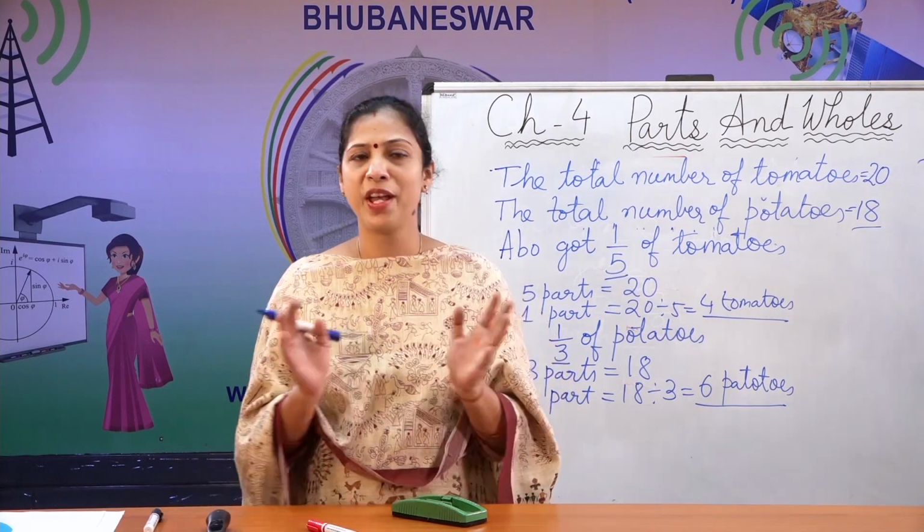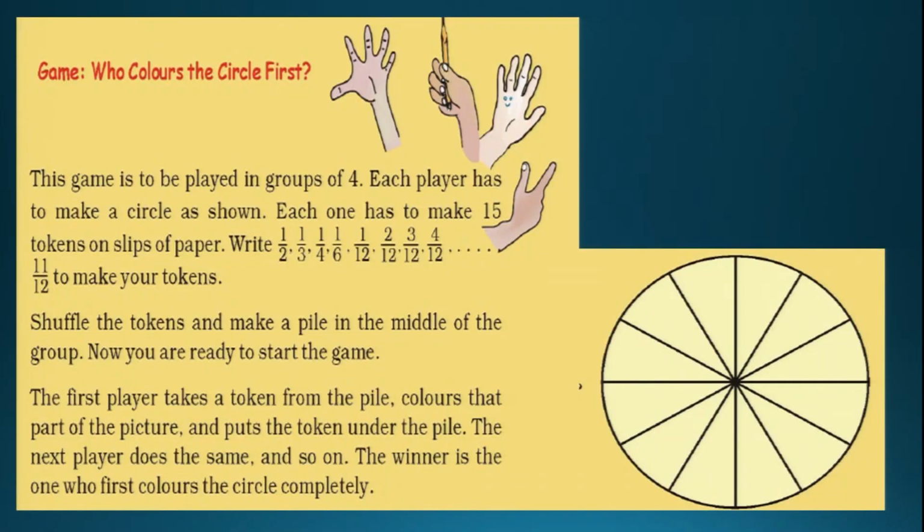Yeah, this is a very good game which you can play with your friends. For this game you need 4 friends and each one will have 1 circle. You will divide that circle into 1, 2, 3, 4, 5, 6, 7, 8, 9, 10, 11, 12 parts.